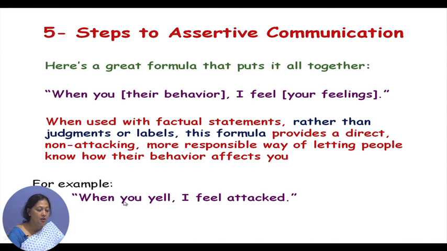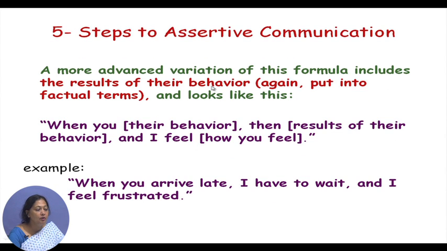Or when you are late for the movie, in a factual situation, I feel I have less time to spend, or we talk less. So, a more advanced variation could include the results of the behavior. Again, you will remember that you need to put these in very factual terms.